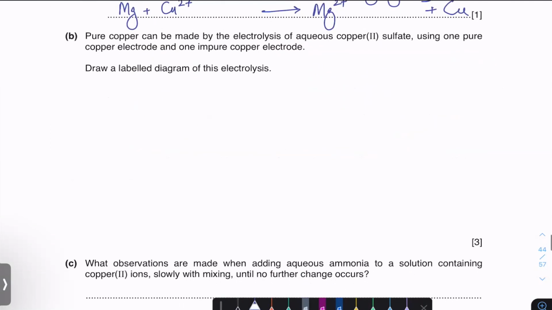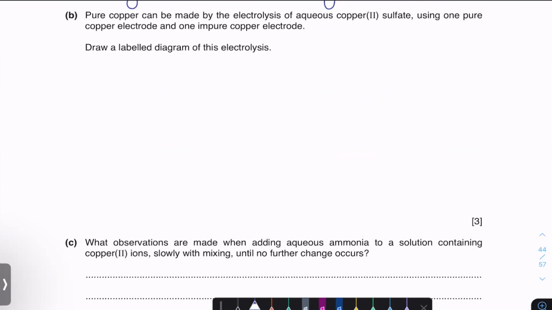Pure copper can be made by the electrolysis of copper sulfate using one pure copper electrode and one impure copper. Okay, again, remember the rules. Reactive anode ionizes. And which ion do we want to ionize? Impure copper. तो इसका मतलब है कि हमें उसे anode पे रखना है.